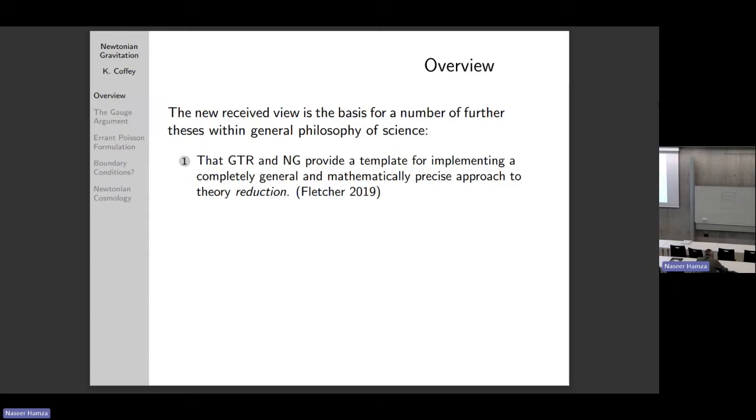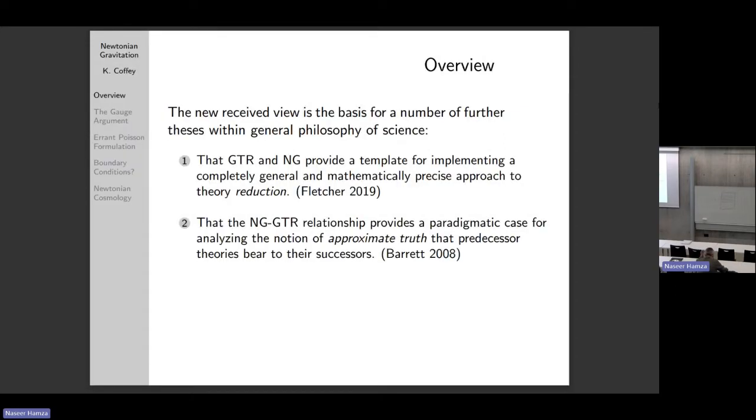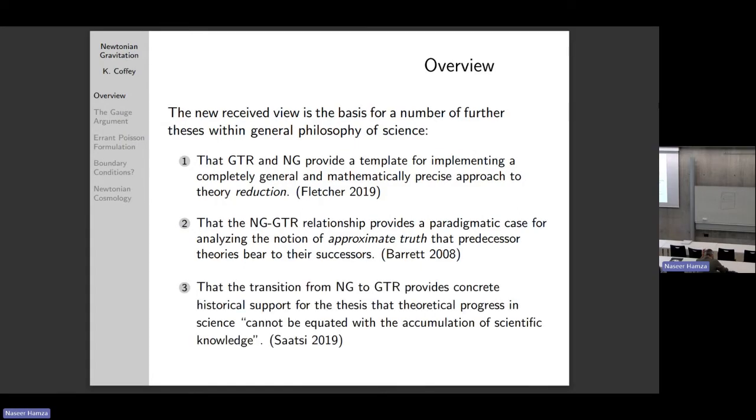Sam Fletcher uses the example to advance that sort of claim. The Newtonian gravitation-general relativity relationship, as understood on the new received view, has also been argued to provide a paradigmatic case for analyzing the notion of approximate truth that a predecessor theory might bear to its successors. Jeff Barrett has argued for that.